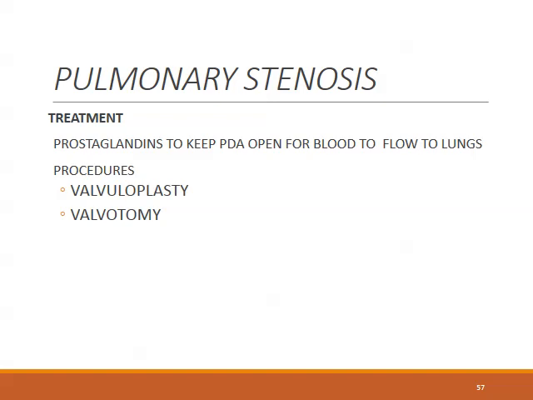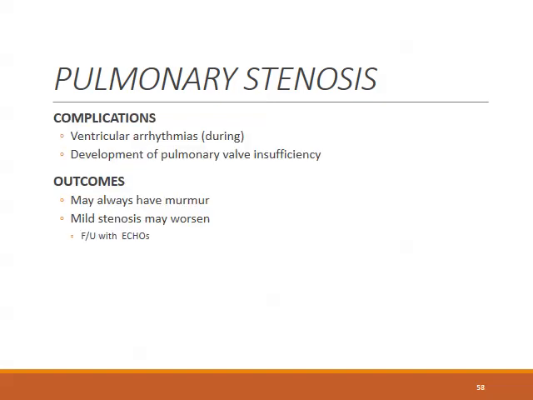Treatment is prostaglandins to keep the PDA open for blood flow to the lungs. Different procedures they could do are a valvuloplasty or valvotomy. Complications that can occur: they could have ventricular arrhythmias during the operation, and they could develop a pulmonary valve insufficiency.